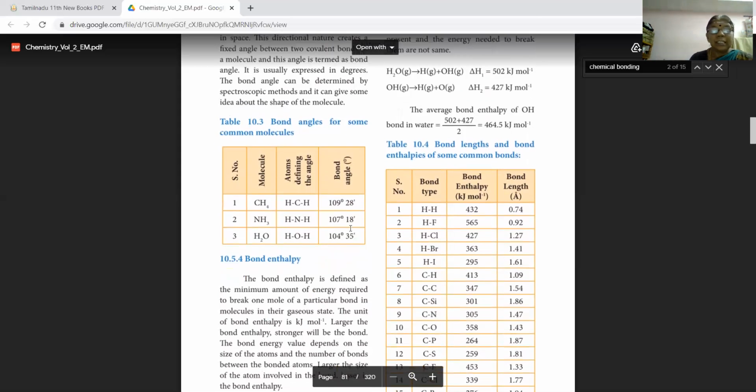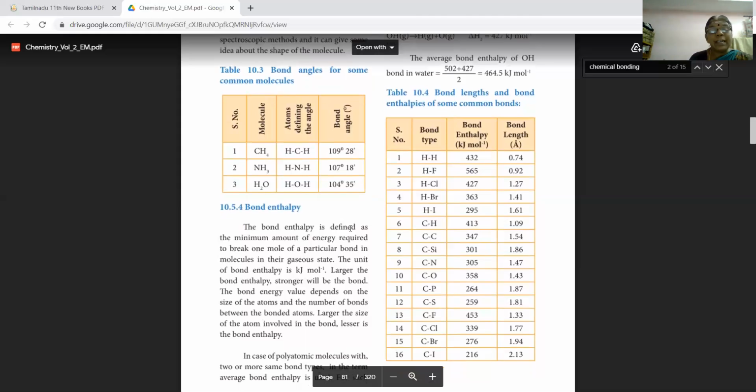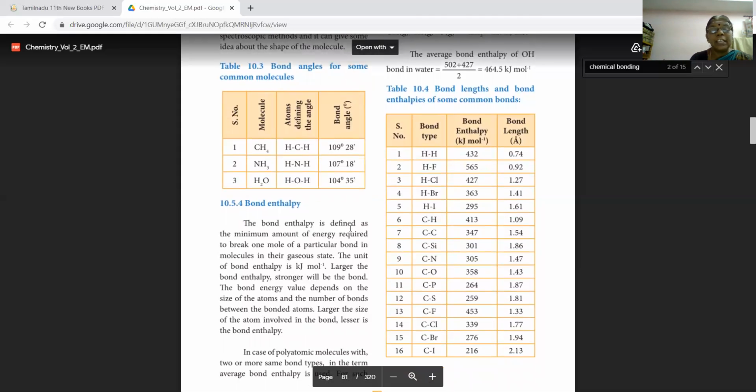Next, we are going to see the bond enthalpy. Bond enthalpy is defined as the minimum amount of energy required to break 1 mole of a particular bond in a molecule in the gaseous state. The unit of bond enthalpy is kJ per mole. Larger the bond enthalpy, stronger will be the bond.